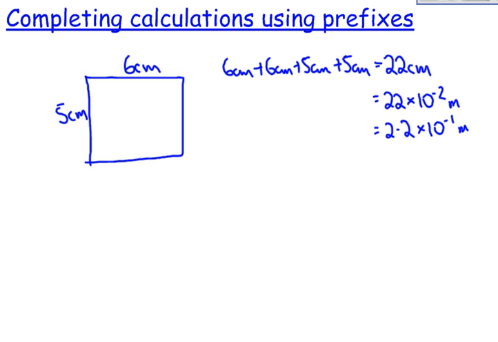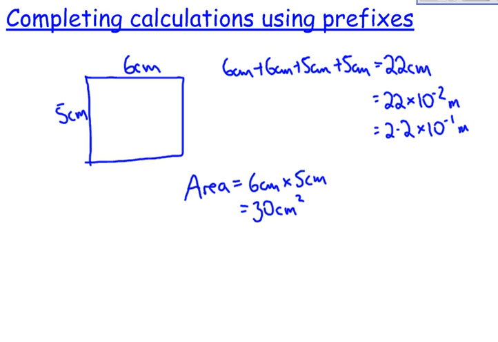To find the area of the rectangle, the area is 6 centimeters times 5 centimeters, which we could just have as 30 centimeters squared. If we wanted it in centimeters squared, that's perhaps the way that we'd do it. To get to meters squared, there's 2 sensible ways of doing this.